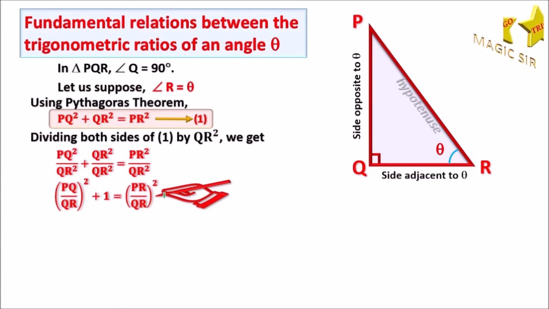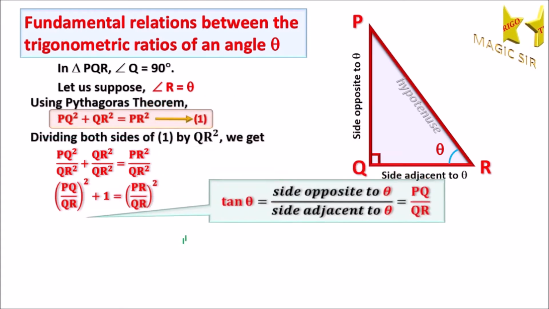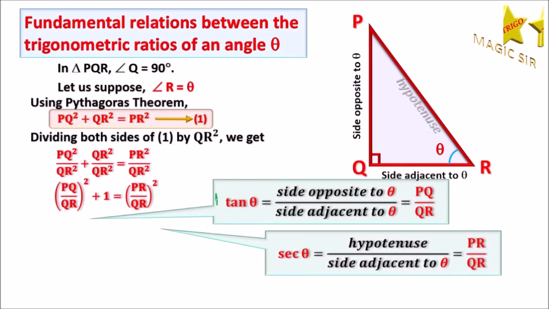Now see the figure. By definition of tangent, we write tan theta is equal to side opposite to theta upon side adjacent to angle theta. But we know that the side opposite to angle theta is equal to PQ and the side adjacent to angle theta is equal to QR. So we write tan theta is equal to PQ upon QR.